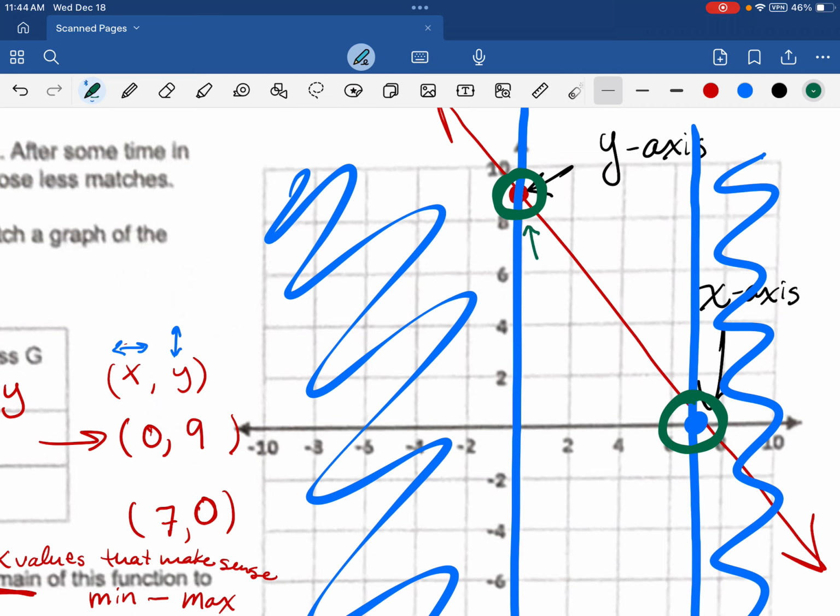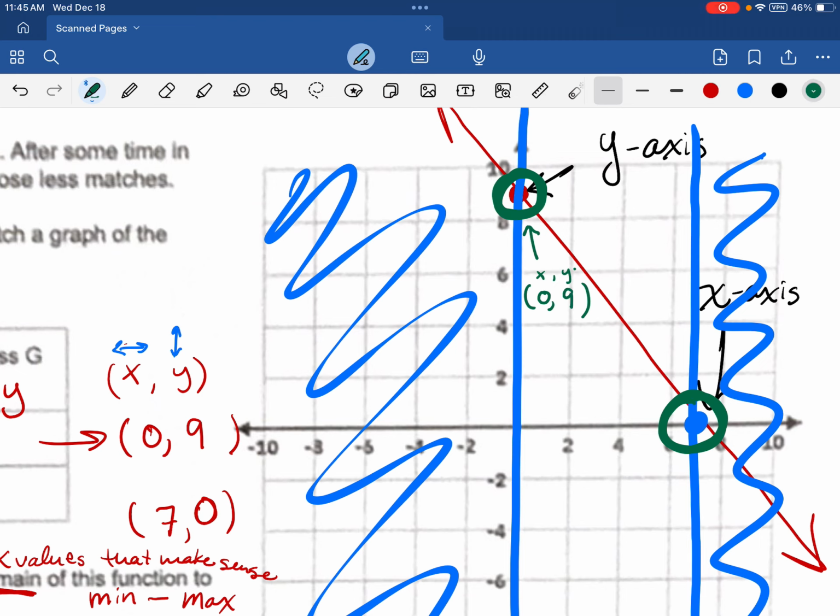Remember, a coordinate point goes x comma y. So how far to the right did I go? Well, I'm right on the axis, so it looks like I went right 0. And then how far up did we go? Ta-da! Looks like we're up at 9.